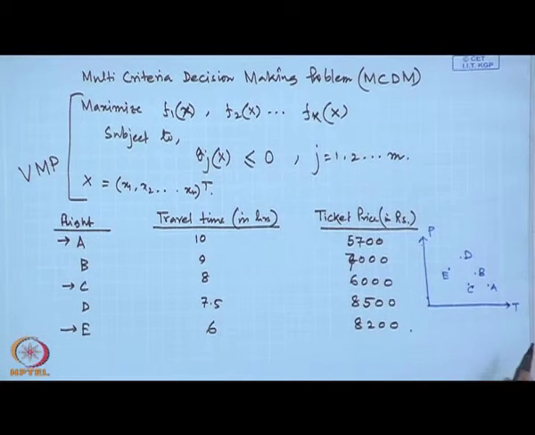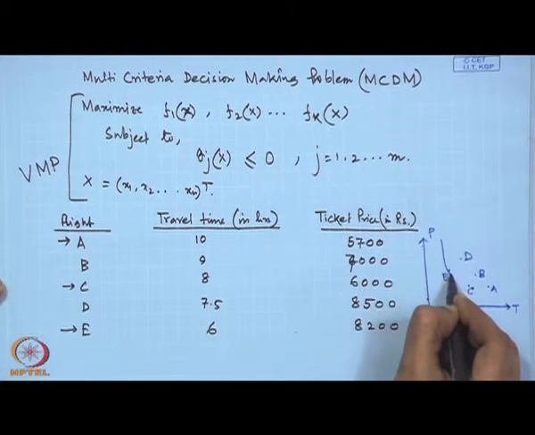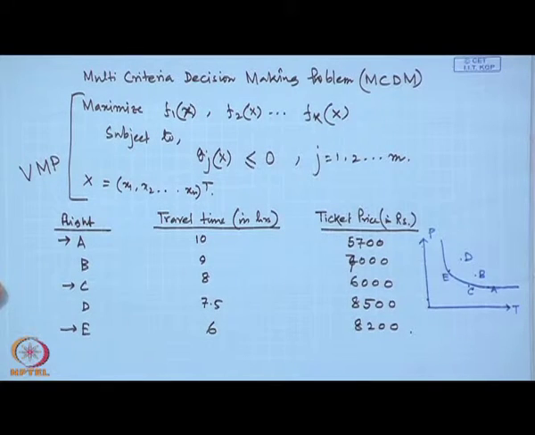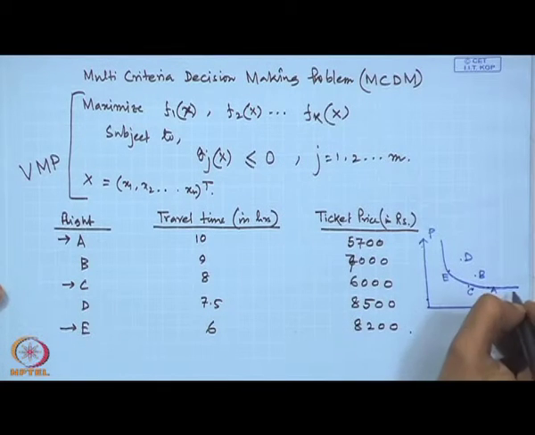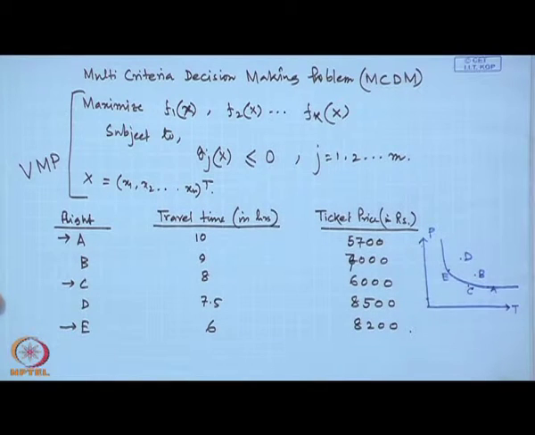Now, if we see all the options A, C, E, they will all be on a curve like this. And whatever options we have, like A, C and E, if I have more data on this, we will see all the options more or less will lie on this curve.